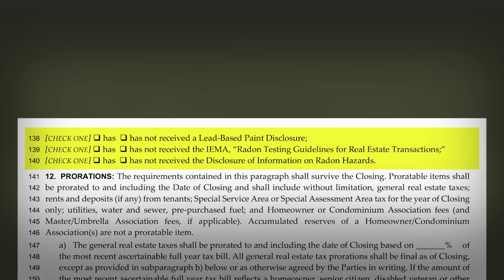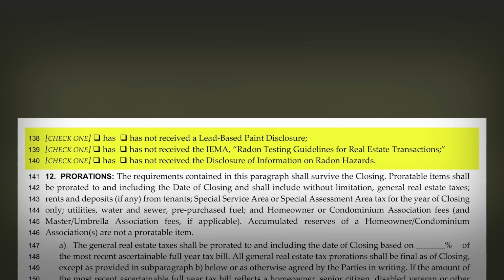So you can receive those disclosures simply by going into the MLS and the attachments, they're there. Pull them up. Once again, that'll give you the lead-in to put who the seller is because it says it right on the disclosures. So once you pull that up, you have that. Do the same thing you've always done. Has or has not received any of those, the EPA pamphlet, Protect Your Family, all those things. Do what we've always done.